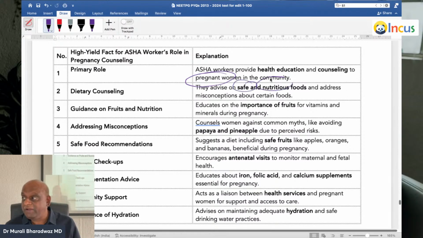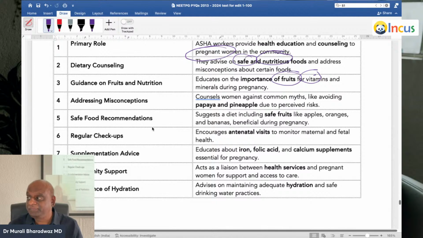They advise on safe, nutritious food, the importance of fruits and vitamins, and common myths. If you eat papaya, abortion will happen; if you eat pineapple, the baby will be like pineapple color. All that, removing the myths, right?